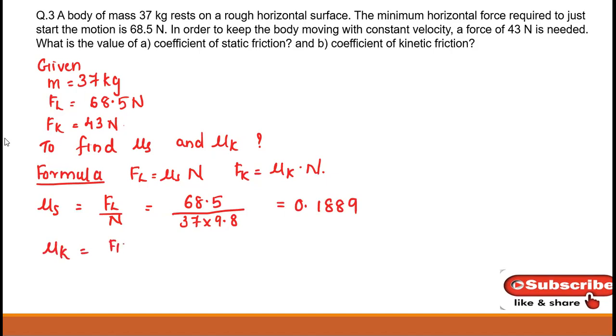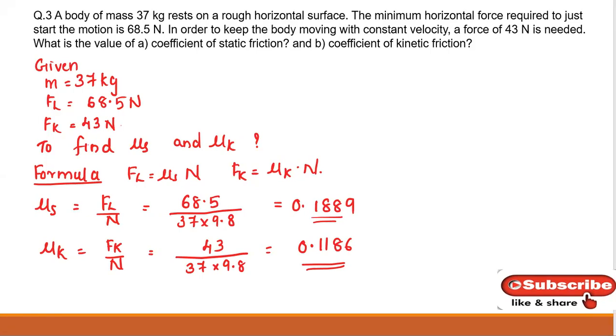Mu k is Fk upon N. That is equal to Fk, 43, upon mg, 37 into 9.8. That is equal to 0.1186. This is the coefficient of kinetic friction. So we got all the answers. Now let us solve the next question.